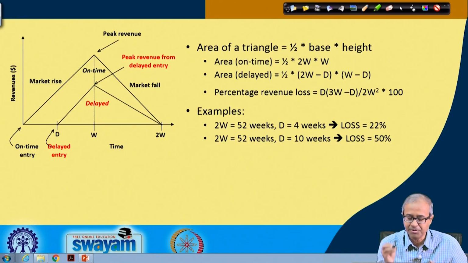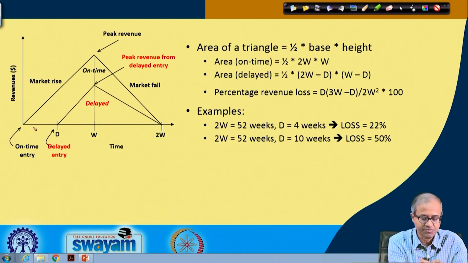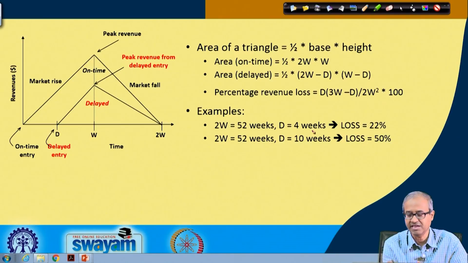Just a simple calculation as an example, suppose your window size is 1 year, 52 weeks, and if your delay is 4 weeks, let us say you are 1 month delayed, if you substitute these values here, your loss becomes 22%.